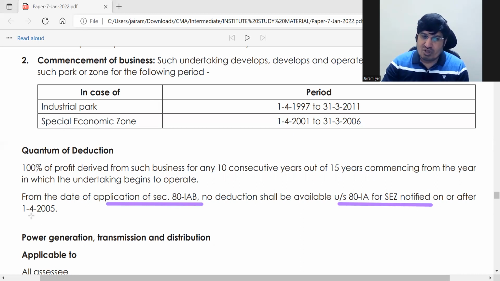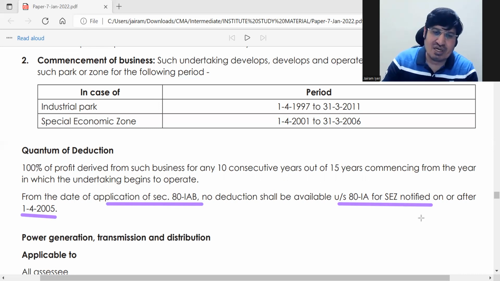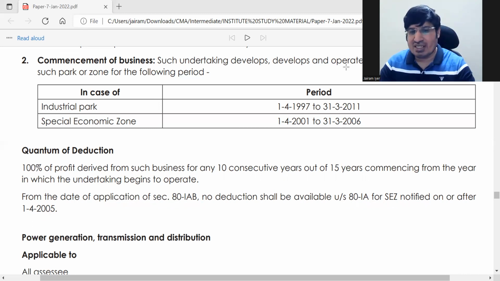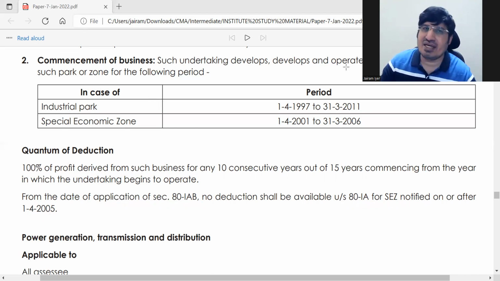So from 1/4/2005, you'll get SEZ deduction only in 80 IAB. So okay, this is basically not important for you as such. Because you know now that SEZ deduction is now in 80 IAB already, right?